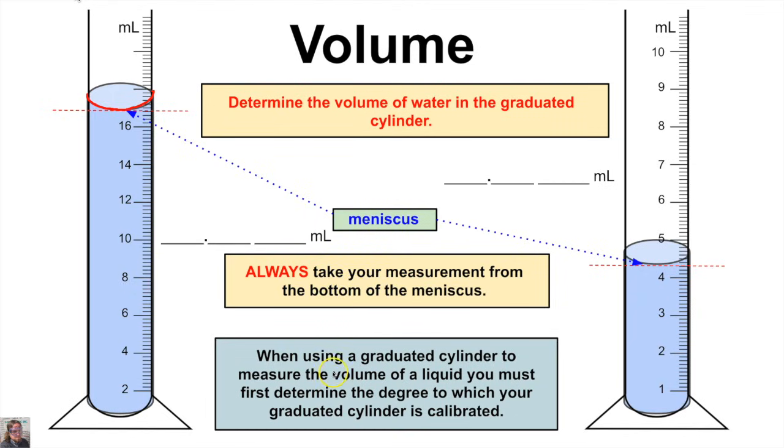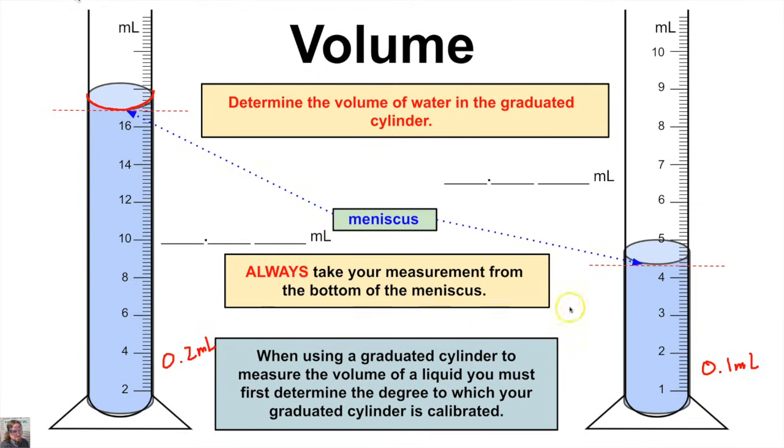And when using a graduated cylinder to measure the volume of a liquid, you must first determine the degree to which your graduated cylinder is calibrated, like we just talked about. If we take a look, these two graduated cylinders are graduated by different increments. We can see right here that the increments are 0.1 milliliters, whereas the increments here, if we take a close look, are 0.2 milliliters.